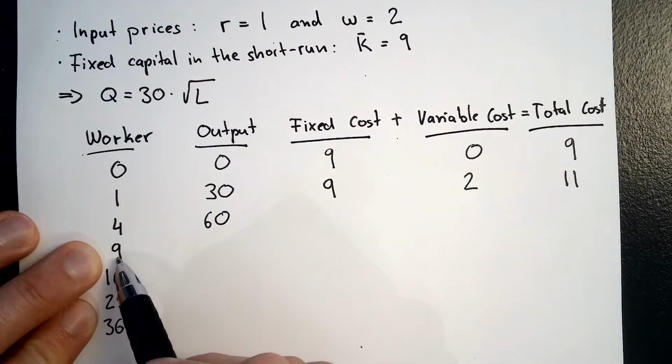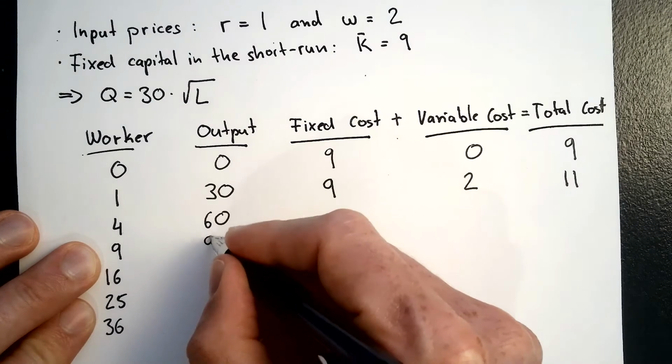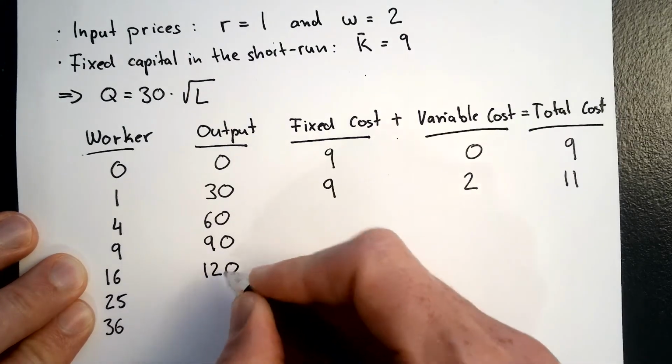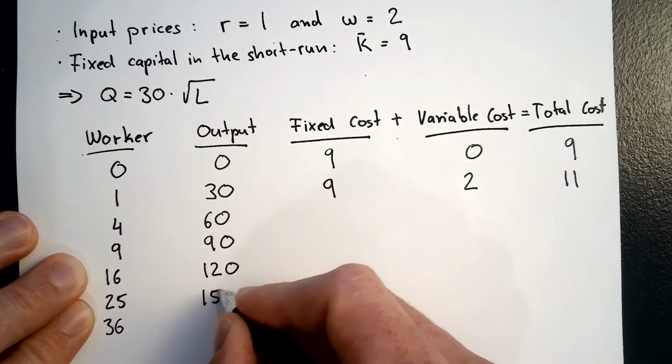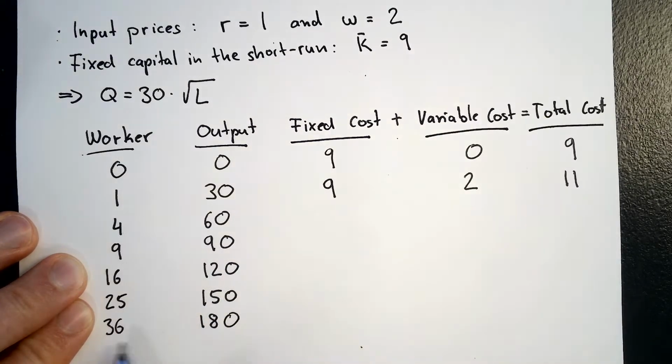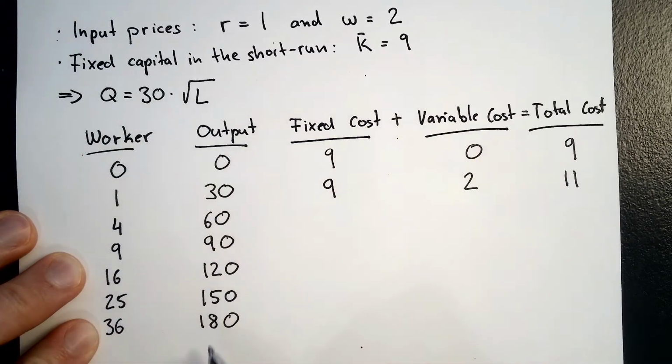The square root of 9 is equal to 3, and hence the output is 90, and so on. The square root of 36 is 6, and 6 times 30 is equal to 180.